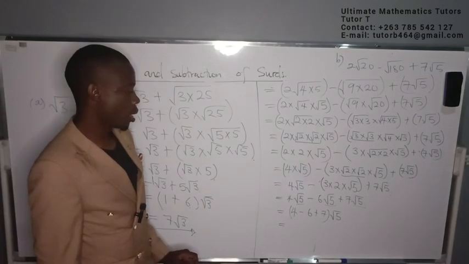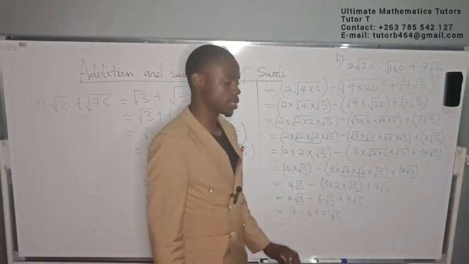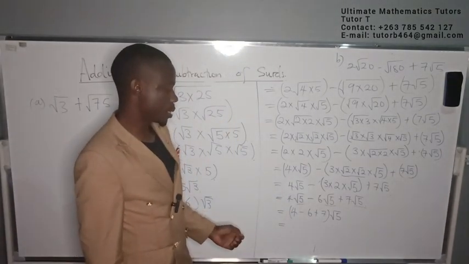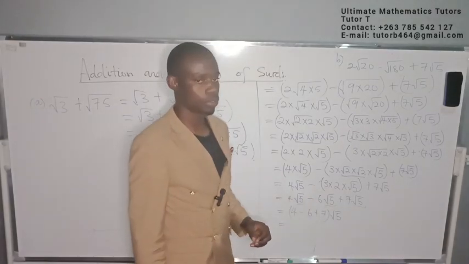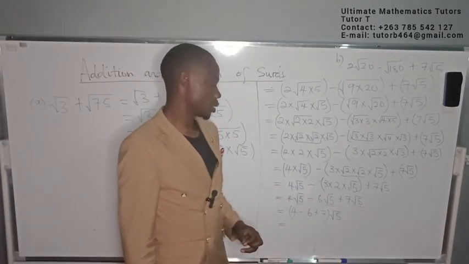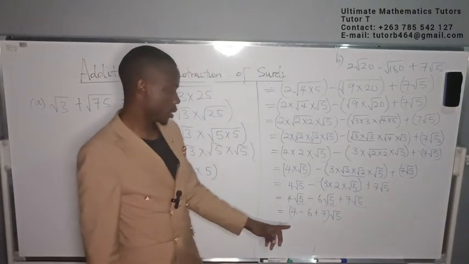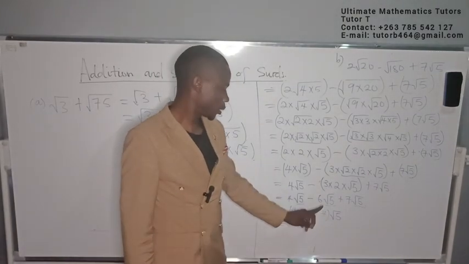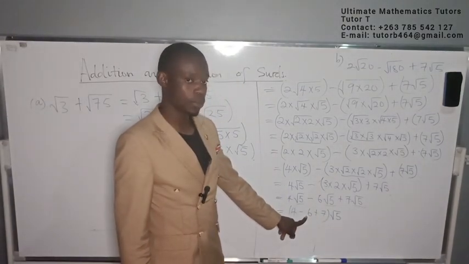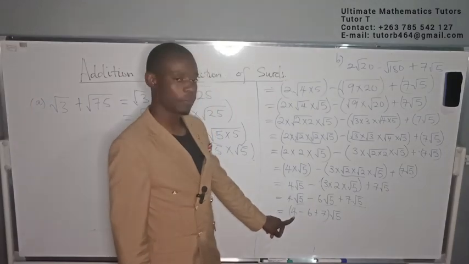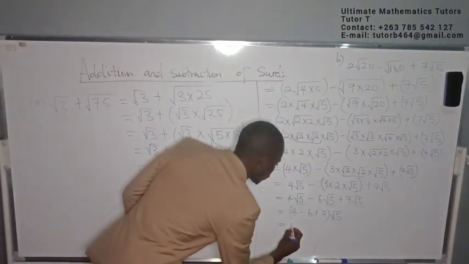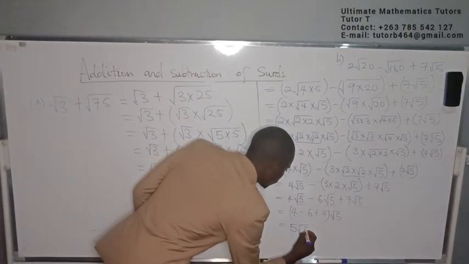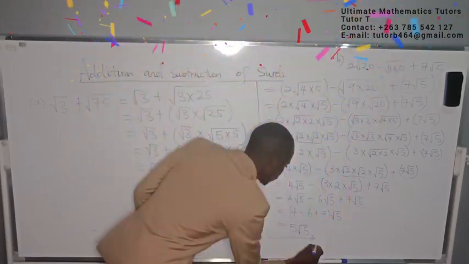And then minus 2 plus 7, this is the same as 7 minus 2, which will give us 5. Or you can do it like this: 7 minus 6, that is a 1. Then 1 plus 4, that's a 5. So 5 root of 5.